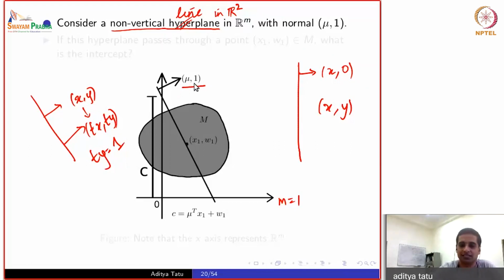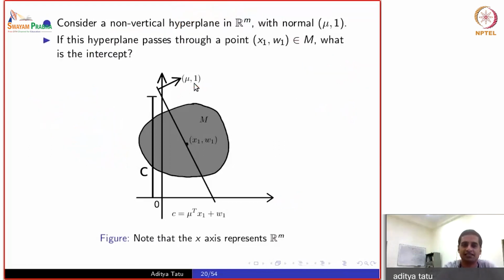Now, just giving you the normal vector doesn't give you the exact plane or line. A plane parallel to this plane will also have the same normal vector.